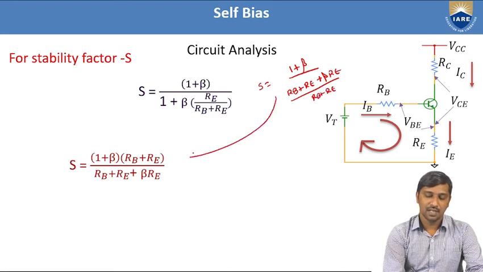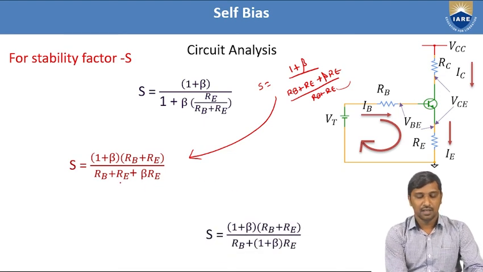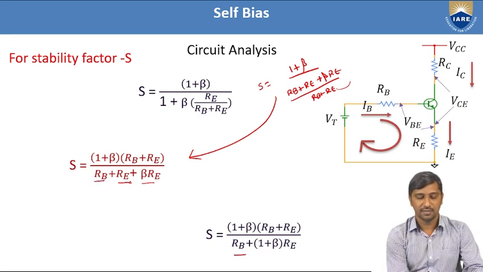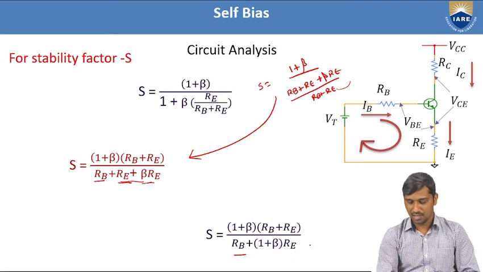Taking this outside, S equals 1 plus beta times RB plus RE by RB plus RE plus beta times RE. Since RE is a common term in the two expressions, we take RE common: RB plus 1 plus beta times RE.